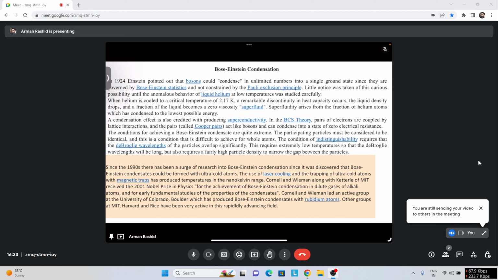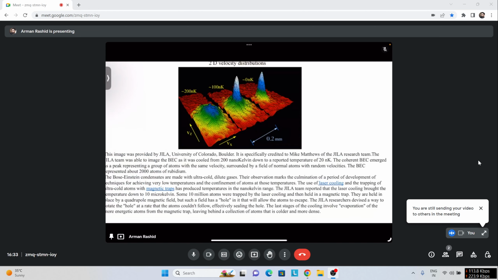Cornell and Wieman, along with Ketterle of MIT, received the 2001 Nobel Prize in Physics for the achievement of Bose-Einstein condensation in dilute gases of alkali atoms and for early fundamental studies of the properties of condensates. Cornell and Wieman lead an active group at the University of Colorado Boulder, which has produced Bose-Einstein condensate with rubidium atoms. Other groups at MIT, Harvard, and Rice are very active in this rapidly advancing field.